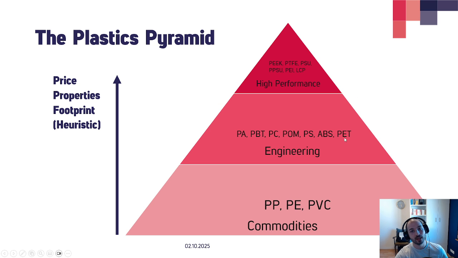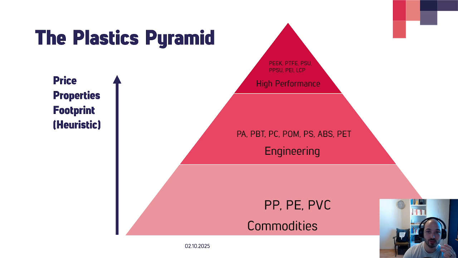Now we have to talk about the plastic pyramid. This is a classical plastic technology chart that is used everywhere. I don't know who invented it. It's very old. But basically, you have a pyramid, and on the bottom, you have commodities, mass plastics. So polypropylene, polyethylene, PVC are always put in the commodity base.